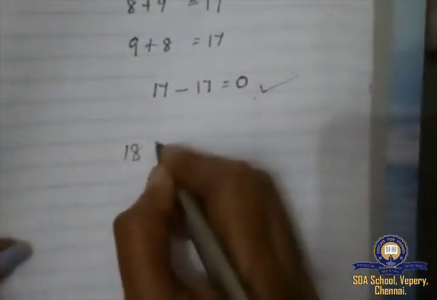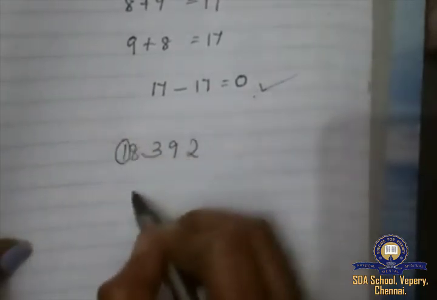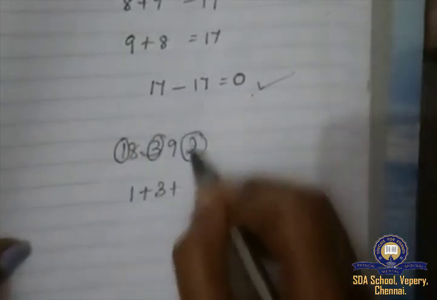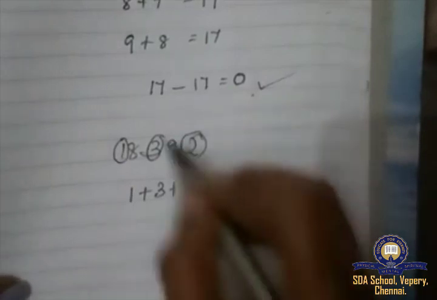One more here they have given: 18,392. Alternate numbers: take 1 plus 3 plus 2. 1 plus 3 is 4, 4 plus 2 is 6.